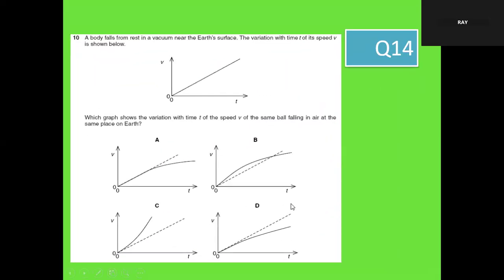How about this one? A body falls from rest in a vacuum near the Earth's surface. The variation with time t of its speed v is shown below. Which graph shows the variation with time t of the speed of the same ball in air at the same place on Earth?